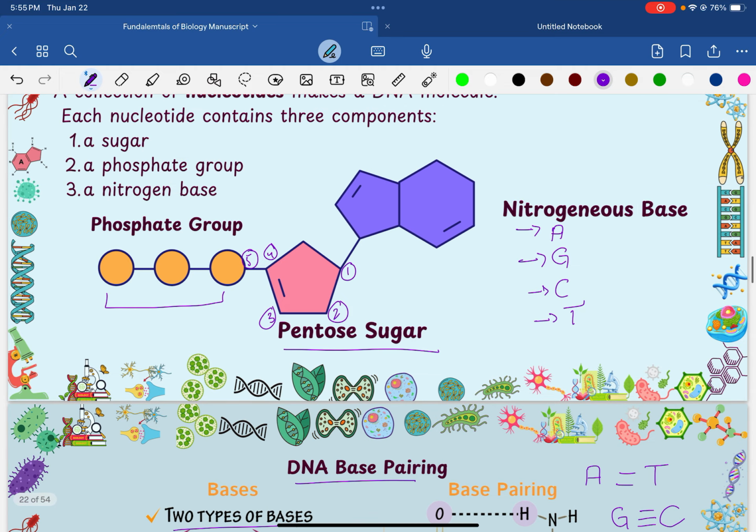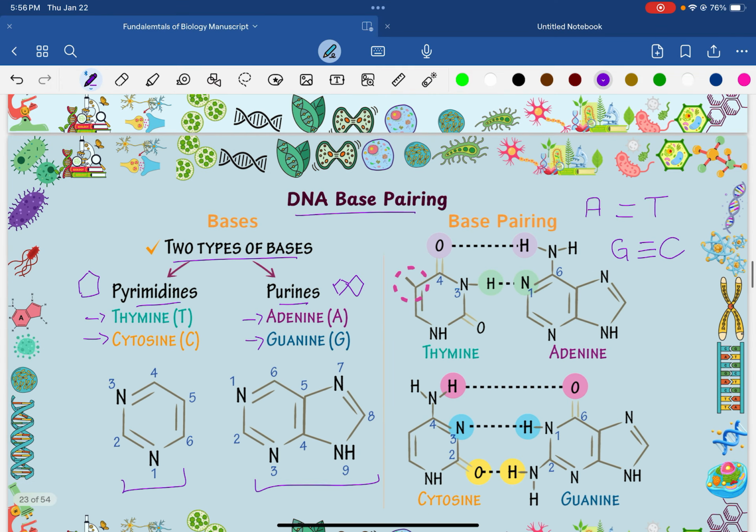If we go back, we discussed that there are four nitrogenous bases: adenine, guanine, cytosine and thymine. So how do these bases pair with each other? Adenine makes two hydrogen bonds with thymine, while guanine makes three hydrogen bonds with cytosine.